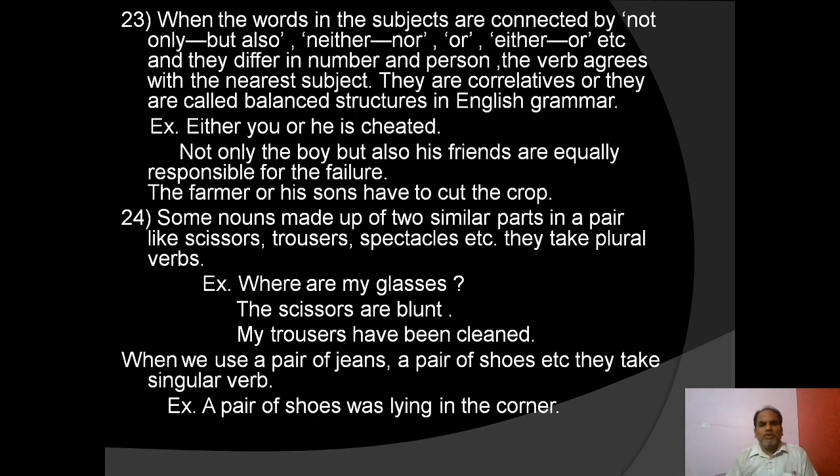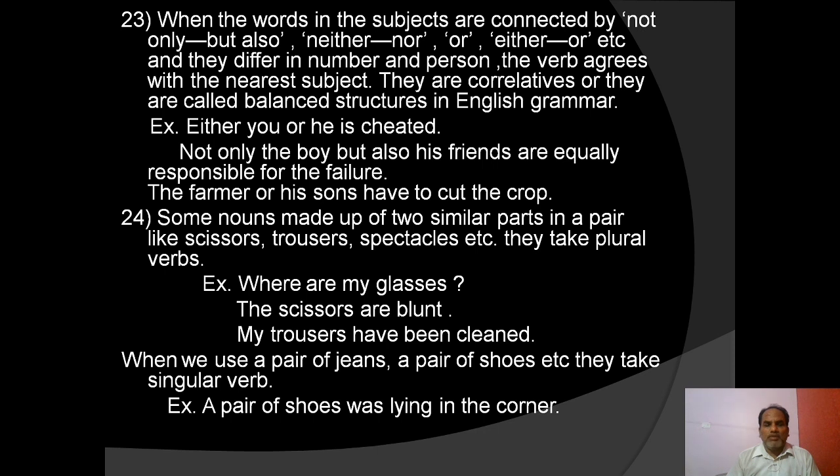So let us discuss another situation. Some nouns made up of two similar parts in a pair, like scissors, trousers, spectacles, take plural verbs. The trousers, jeans, spectacles, scissors always go in pair. Here are my glasses. So always plural. The scissors are blunt.